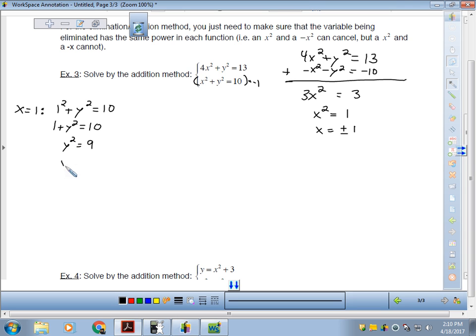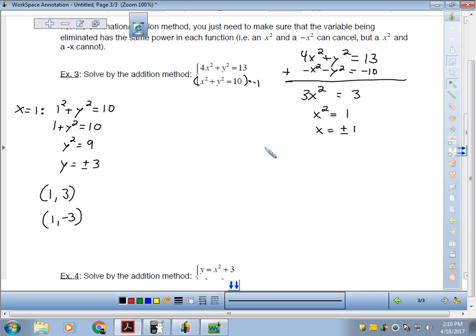Take the square root, we get y equals plus or minus 3. So I actually get 2 different y values for this x. So when the x is 1, the y can be 3, or when the x is 1, the y can be -3. So I actually get 2 different points, 2 different solutions from this x.